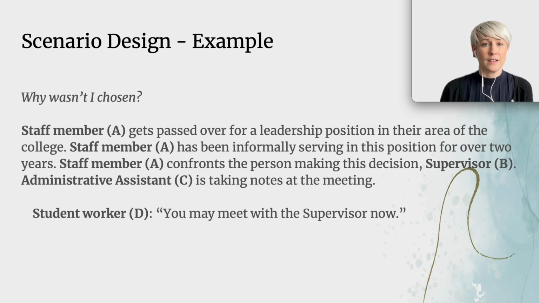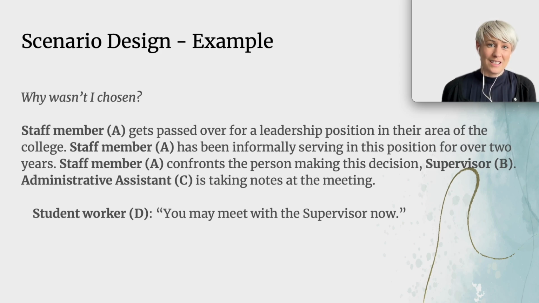Staff member A now decided to confront the person who makes this decision, which is the supervisor B. And then we have the administrative assistant, which is C, that is taking notes at the meeting, being the neutral part. And then we have the student worker D, who is the facilitator, who will start the scene by saying, "You may meet with the supervisor now." And that's where the scene starts.